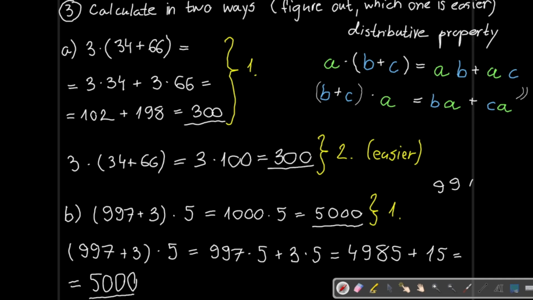Sorry, 9970, and then divide that by 2, and we can use the column division now. 4985. Nice. Or you can just do that in your head if you're fast enough. Whatever is easier to you.